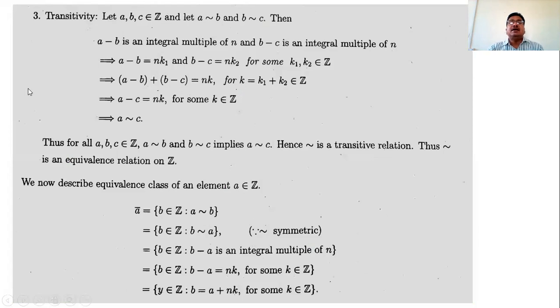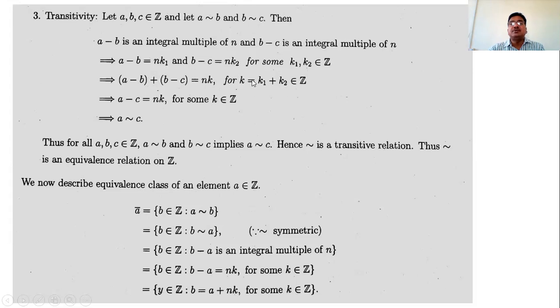Next, take three elements a, b, c from Z such that a is related to b and b is related to c. Then a minus b is a multiple of n and b minus c is a multiple of n. So a minus b is n into some integer, say k1, and b minus c is n into some integer k2, where k1 and k2 are integers. Adding these two, a minus b plus b minus c is nk1 plus nk2. Taking n common, it is n times k1 plus k2.